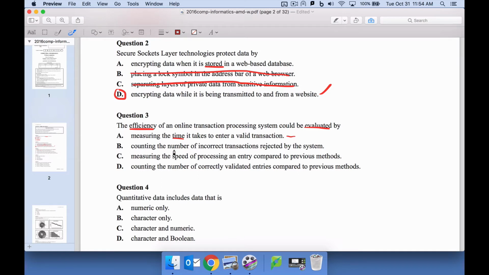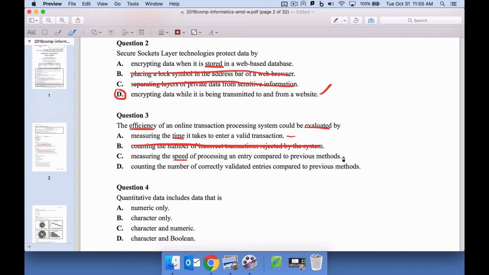Next, B, counting the number of incorrect transactions rejected by the system. That is an effectiveness related thing. C, measuring the speed of processing an entry compared to previous methods. Measuring the speed, so we're talking about efficiency, of processing an entry compared to previous methods.